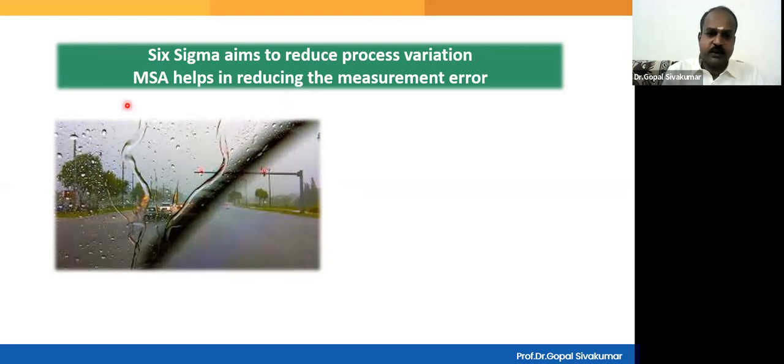And see here in my slide, the windshield is covered by water droplets. When the windshield is covered by many water droplets, what happens? Your vision is affected. Similarly, when your data is contaminated with error, your focus on the problem will get distracted. In fact, you will not be able to understand the problem correctly. And that's why MSA is very important.